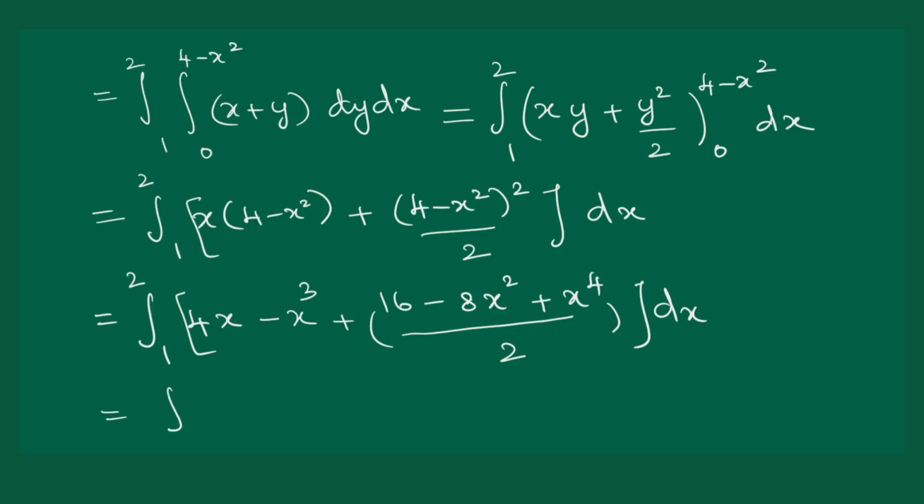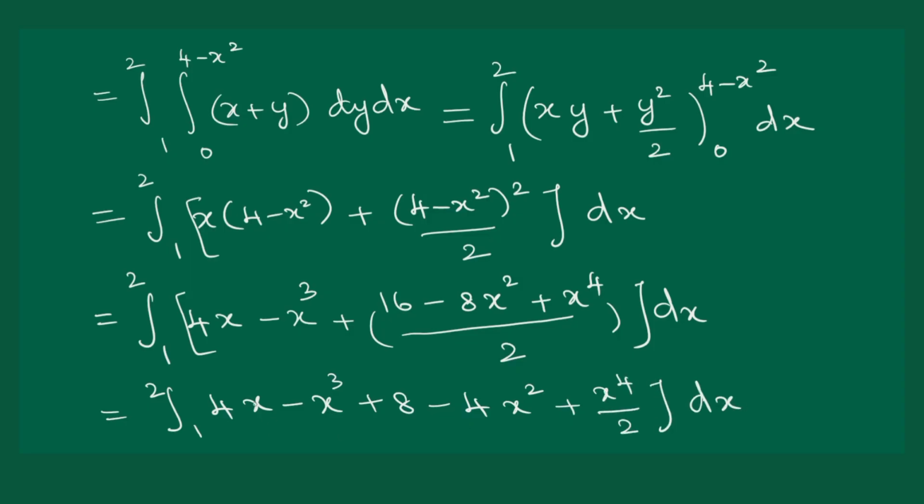If we want to simplify this further, we can write it as 4x minus x cube plus 8 minus 4x square plus x power 4 divided by 2.